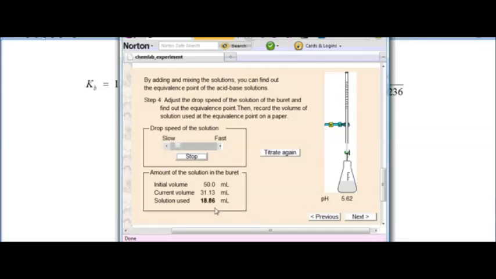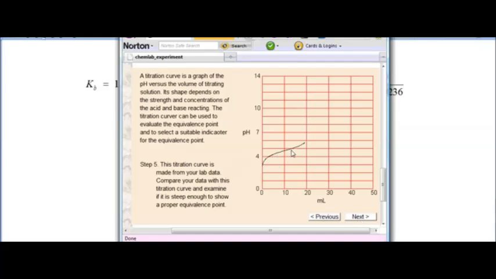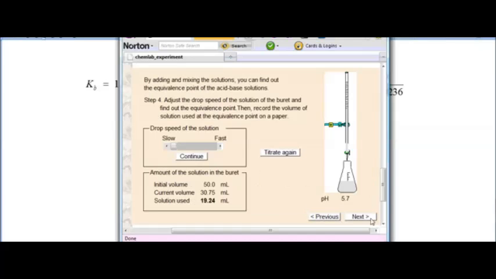Okay, so 18.9 there. Again, we're trying to get to 21.45, and notice that the pH will start taking off here. We have to be beyond our half equivalence point here, so it's right about there's our half equivalence point.